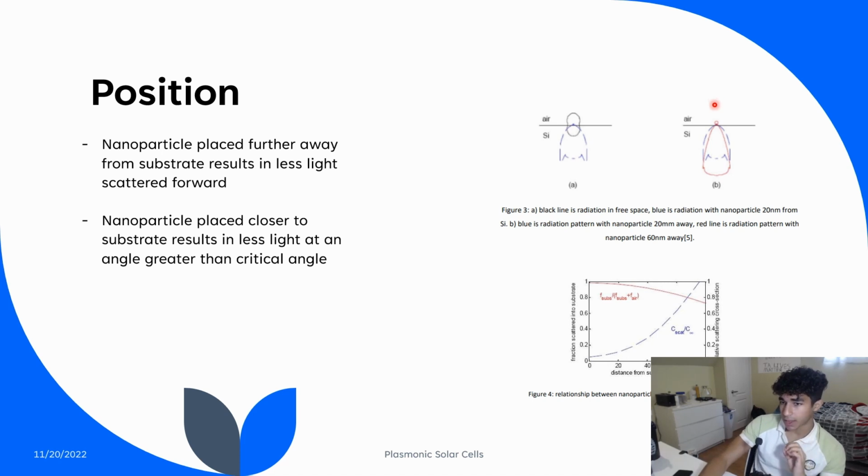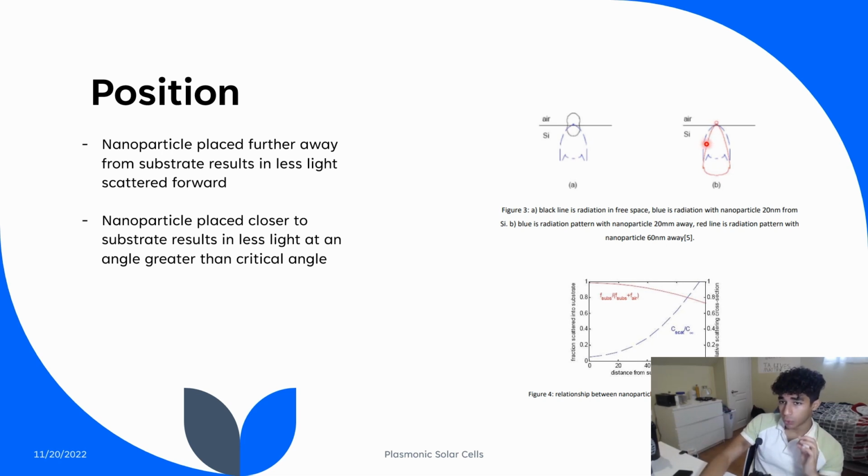We have a particle 20 nanometers away, the blue particle with the blue light pattern, and a particle 16 nanometers away, the red nanoparticle. The red nanoparticle being further away, there's going to be less light overall radiated into the semiconductor, but that light is going to be at an angle greater than the critical angle. The angle being greater than the critical angle means there is more transfer of energy from light into the semiconductor.